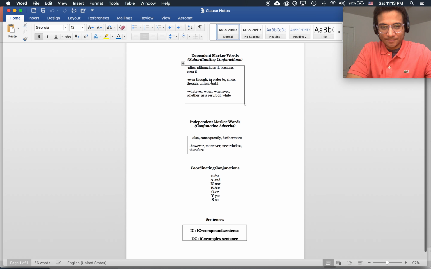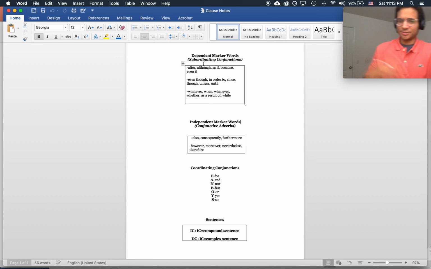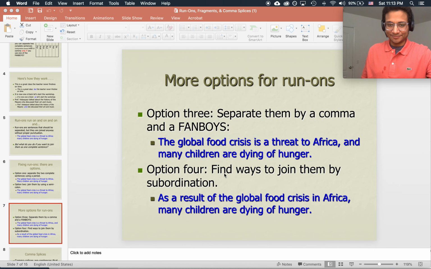It means using a subordinating conjunction. As a result of the global food crisis in Africa is a dependent clause, followed by a comma and the independent clause, many children are dying of hunger. A dependent clause plus an independent clause is a complex sentence.